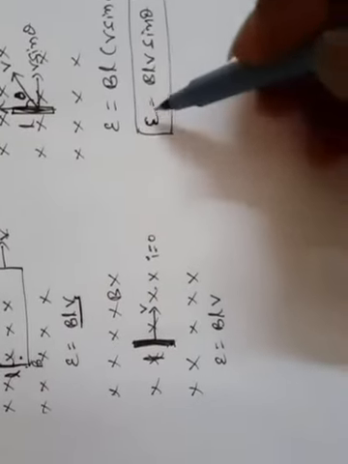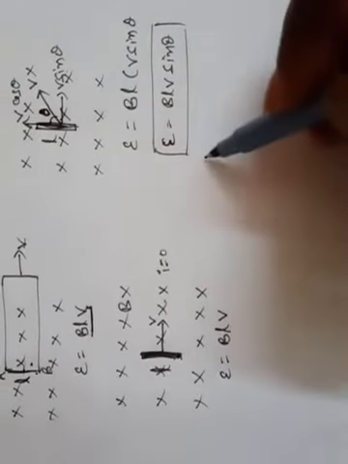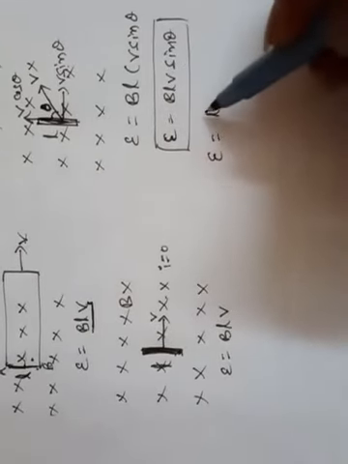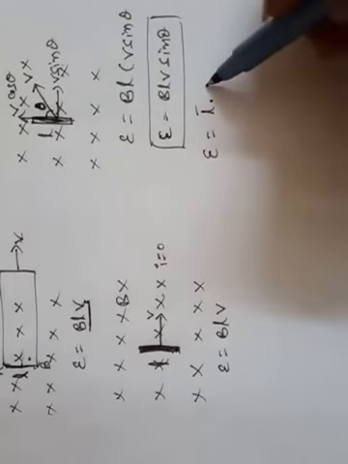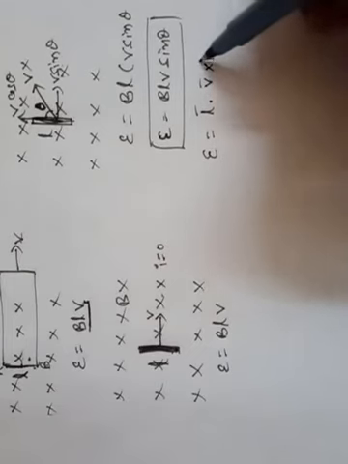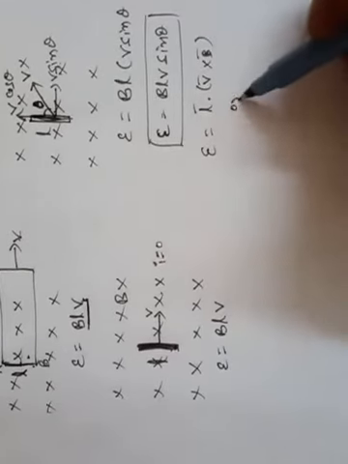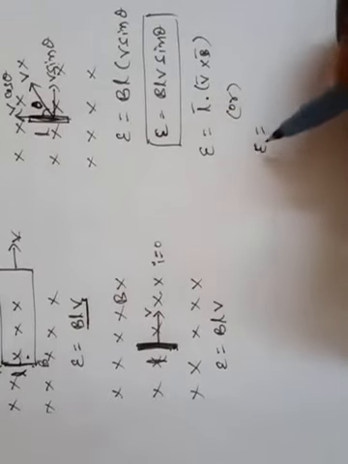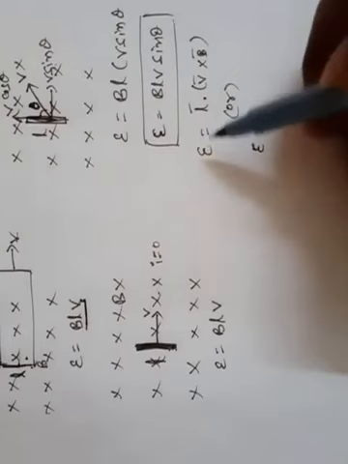This is a scalar form. If you write it in vector form, E is equal to L bar dot V bar cross B bar. This is one vector form. Why am I not putting a bar on E here? Because it is a scalar quantity.